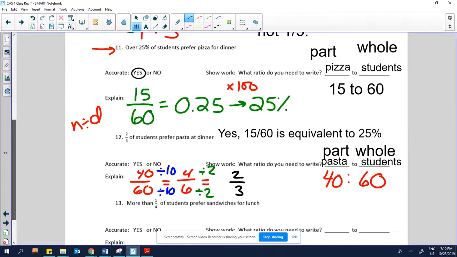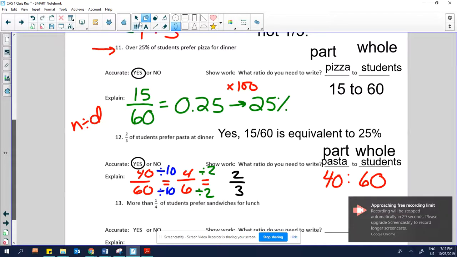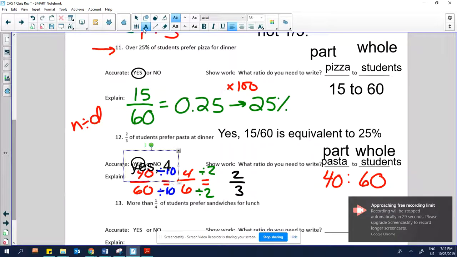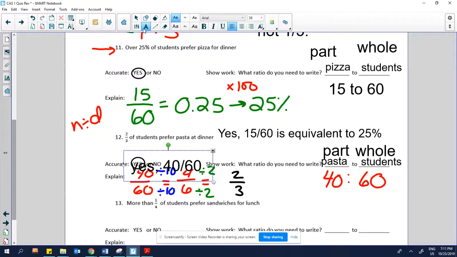You could also check 40 divided by 60 on the ABC button, and that'll give you your 2/3 also. So we want to say yes for this one, because 40 over 60 is equal to 2/3.